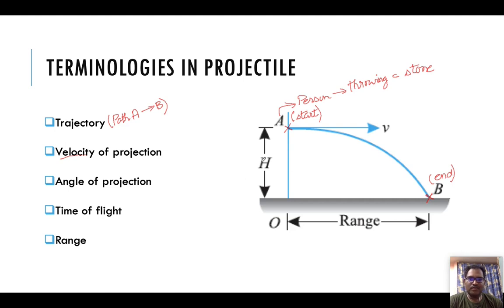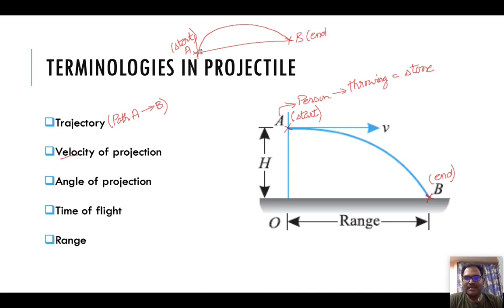This might not be explainable in this particular figure. So let me just construct a small figure over here. Fine. So the particle has a point A, which is the starting point, and it also has another point B, which is the end point.